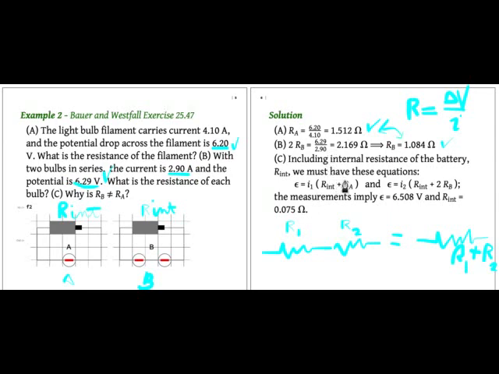And they can turn out to be different because they'll have different temperatures. And again, this is something that's explained in the textbook by Bauer and Westphal, the temperature dependence of a resistor.